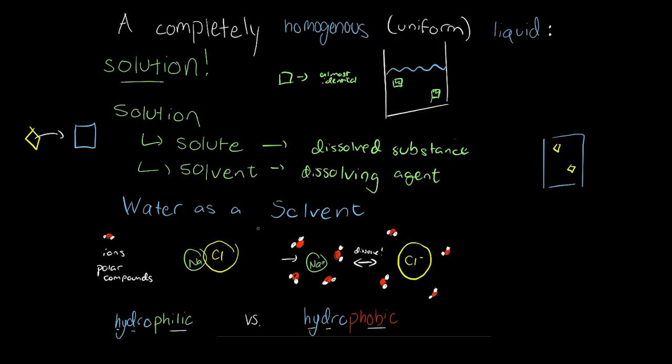But what about water? Where does that come in? Well, water is actually considered a universal solvent because it can dissolve most ions and polar compounds, and even has effects on nonpolar compounds. The way this works is, let's take this molecule here, NaCl. This is an ionic compound, and it represents table salt, sodium chloride.